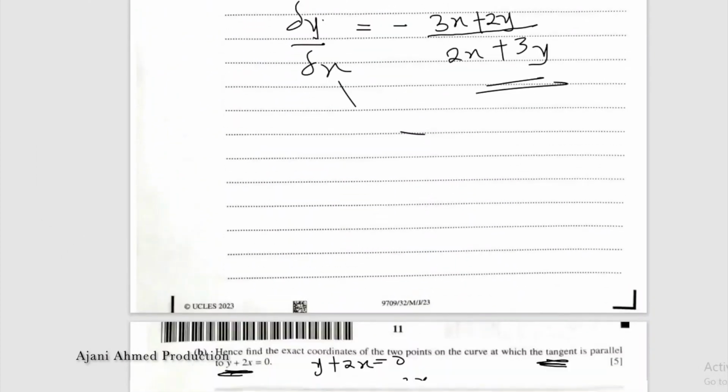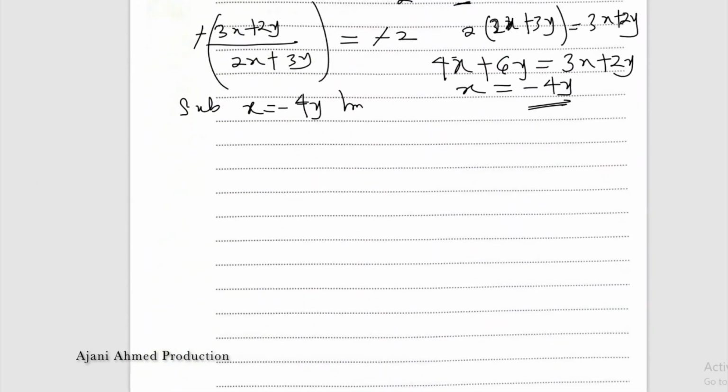And the equation is 3x squared plus 4xy plus 3y squared equal to 5.